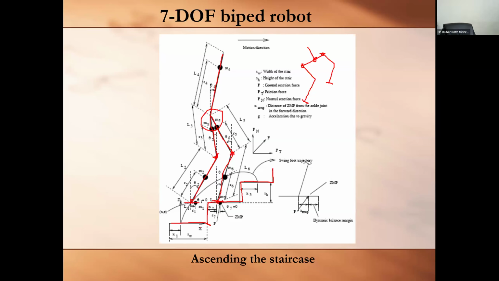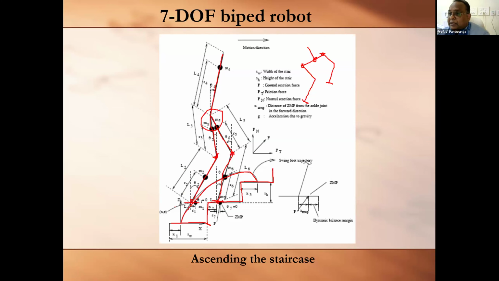And if you observe this diagram, one more important feature is that there is one curve, a trajectory that represents the swing foot motion. Whenever we are walking, we carefully lift our foot and place it in a safe zone.